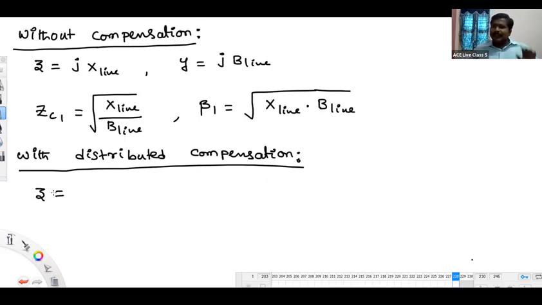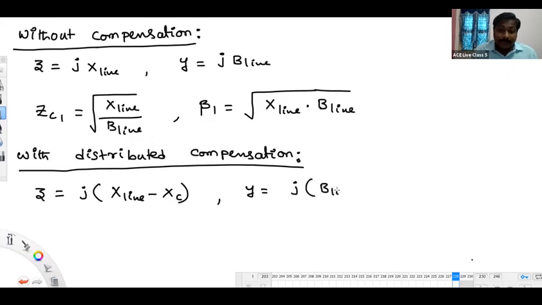Series impedance Z will be jX line minus jXC, so you can call this j(X line minus XC). And what will happen to Y here? j(B line minus BR). So we have j(X line minus XC) and j(B line minus BR).